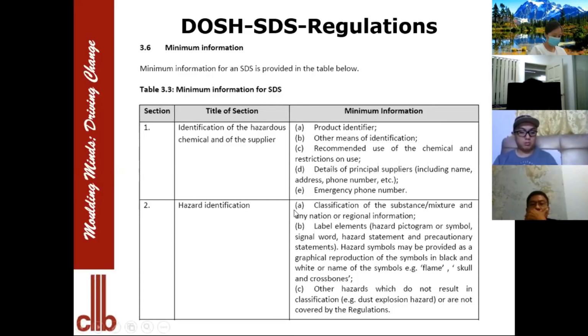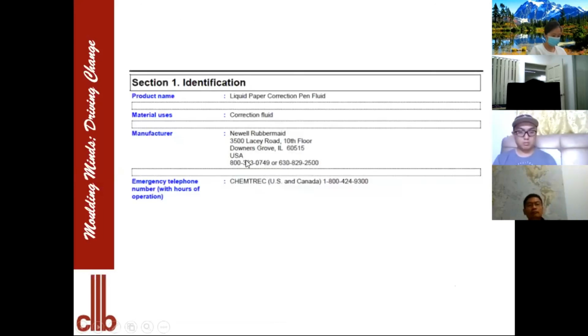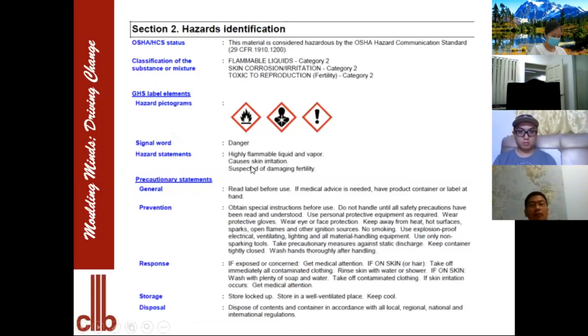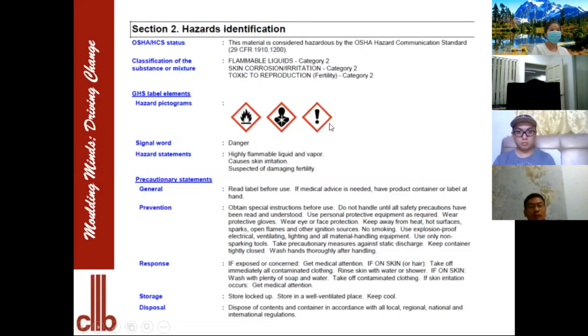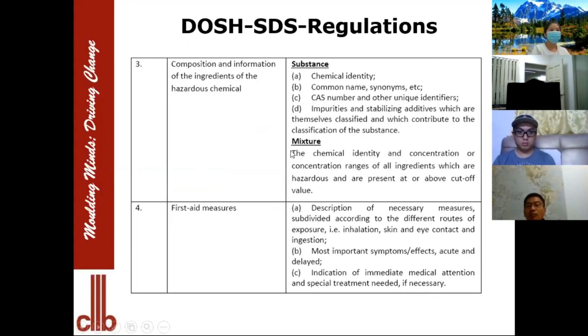Section 2 is where the hazard identification takes place. So for liquid paper, this is the trade name, this is the use, the company. The hazard identification: these are the hazard pictograms, this is the category classification that we saw earlier on, all right? And any precautionary statements. This is where the composition comes in. That means they will indicate the active ingredients in percentages.